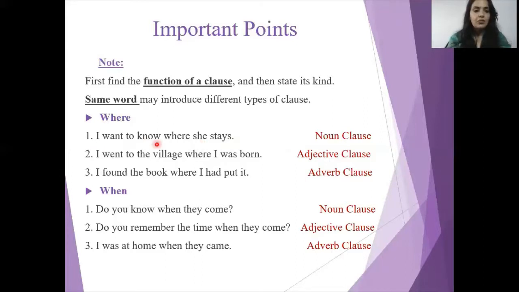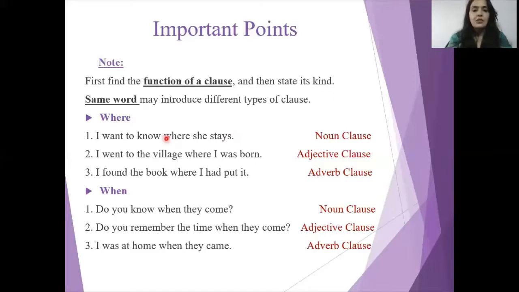I is the subject, want is the verb. I want to know. Complete sense is here. Where she stays. This is not giving any sense. If somebody is telling this, we are not getting the point.